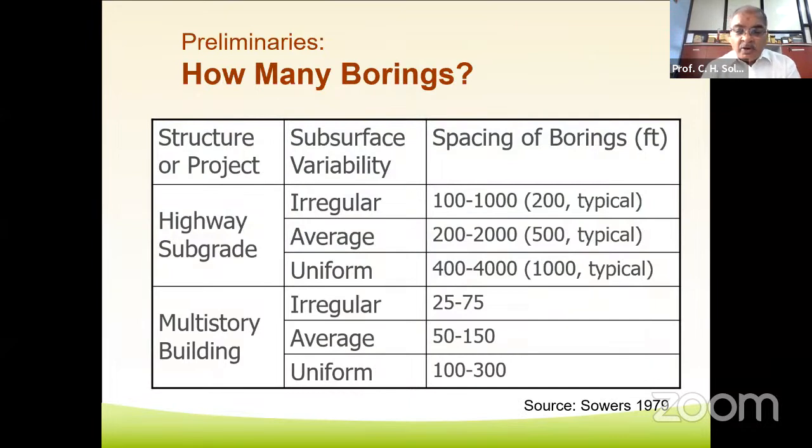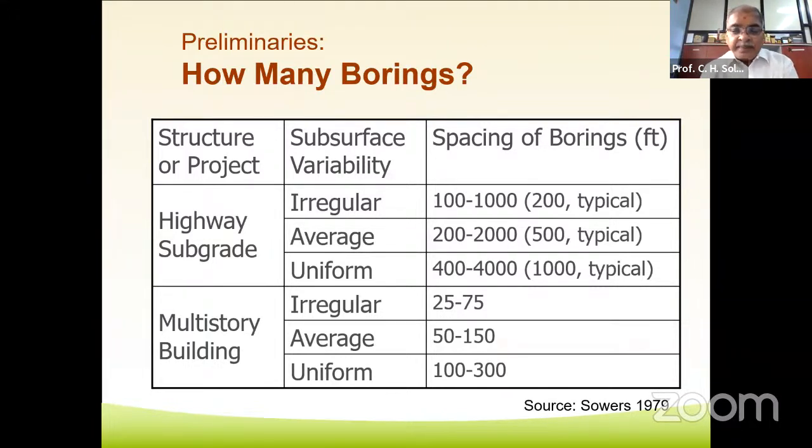How many borings will go for which type of projects and in which type of soils? Here two types of projects have been mentioned: one is highway upgrades and the second is multi-story buildings.